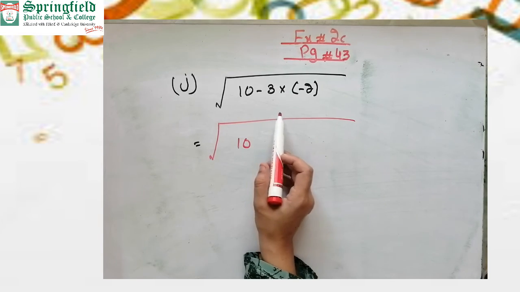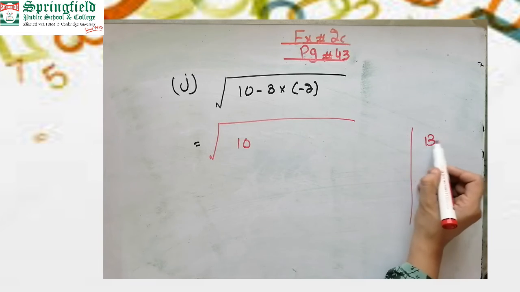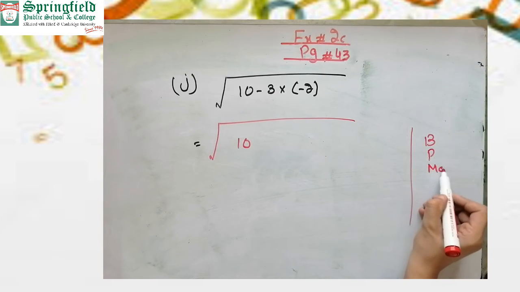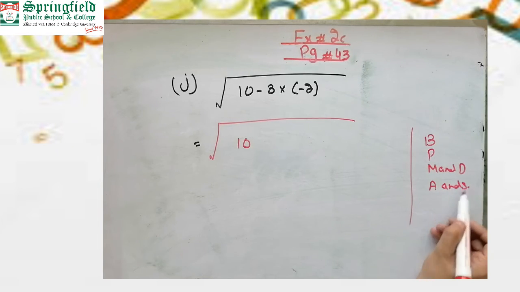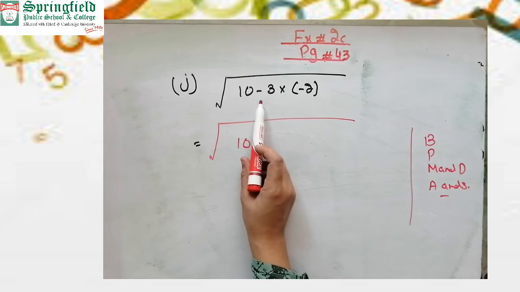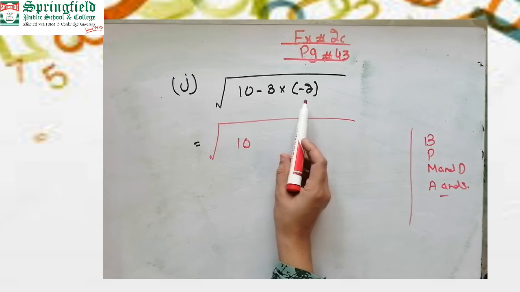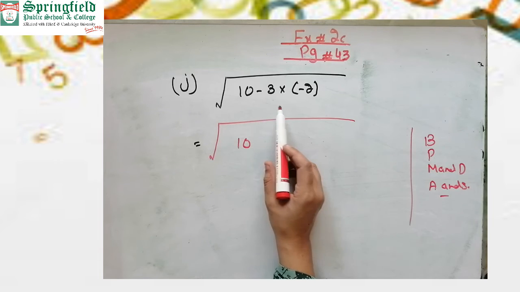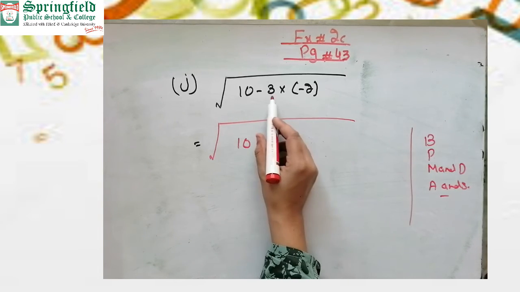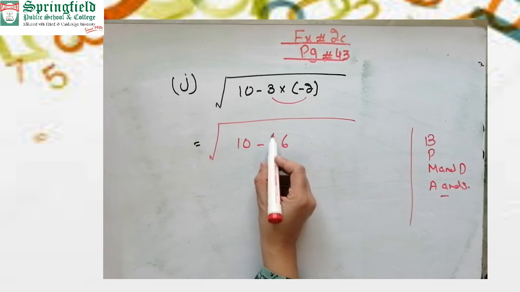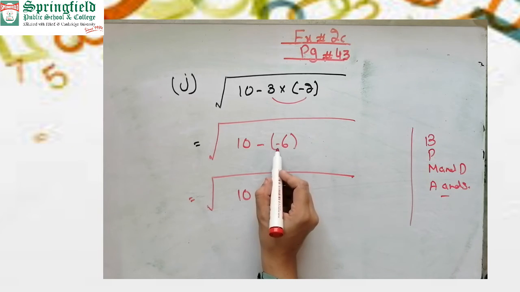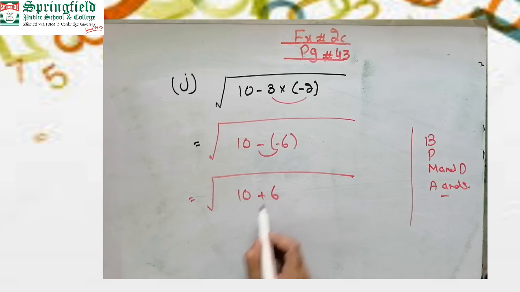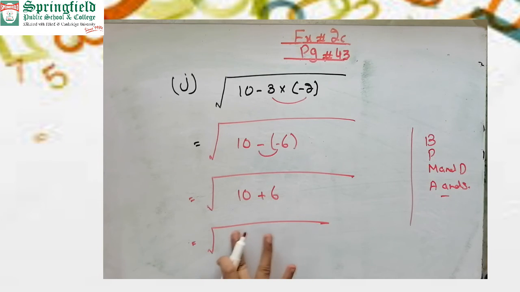As we know that first brackets, then power, and then multiplication and division, and at the end addition and subtraction. So here multiplication and subtraction are doing. So first we will multiply, 3 2s are 6 and the sign will minus. 10 minus minus, now open the bracket, plus 6. 10 plus 6, it will become 16.